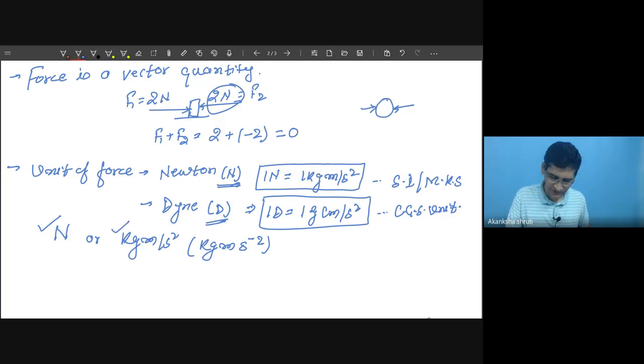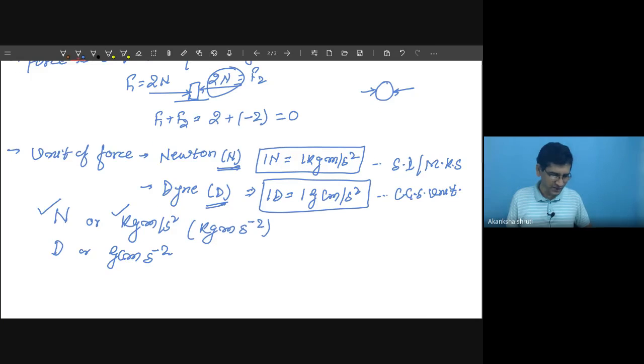Okay, so dyne or gram, in place of meter I need to take centimeter now, then second to the power -2, this is representing the other. Okay, so unit may be asked.